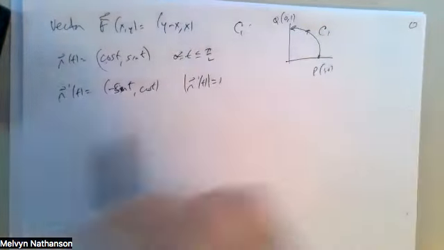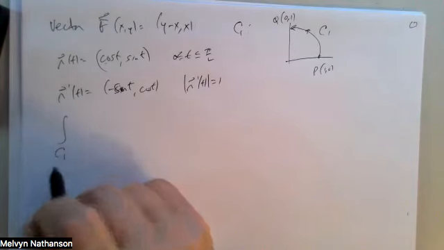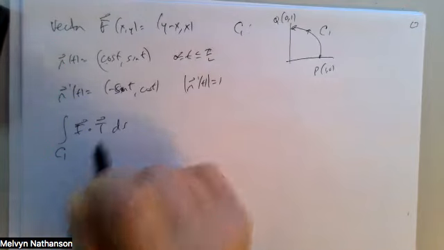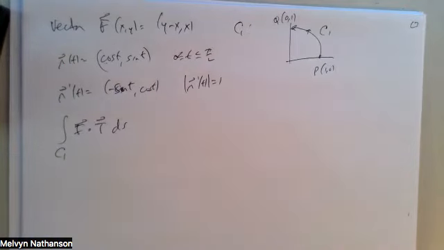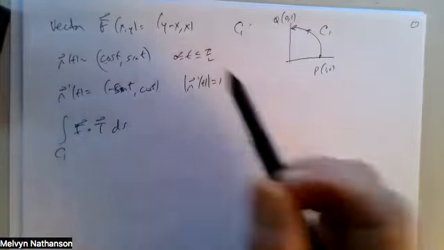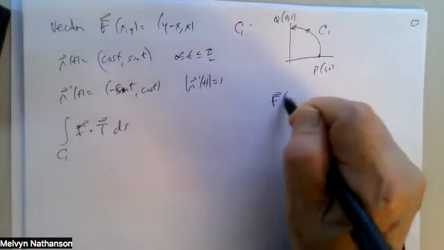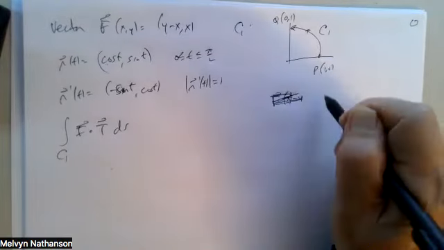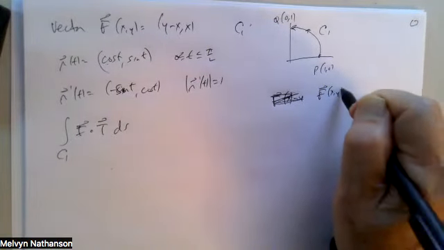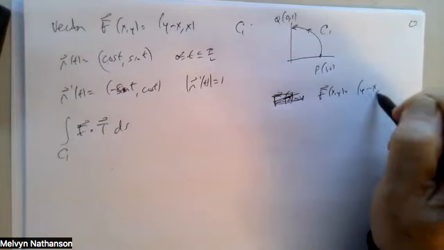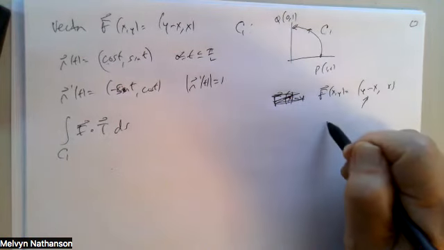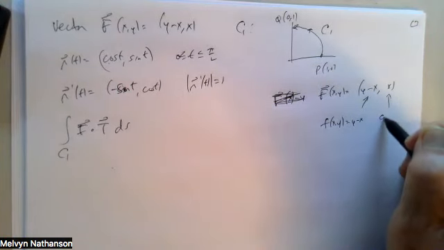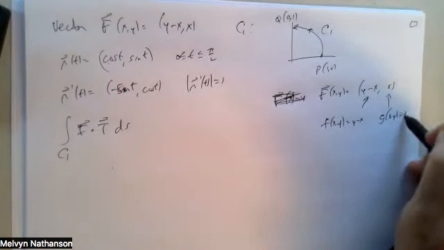So this is the curve C1. I want to compute the line integral along the curve of f dot t ds. So for the function f of x, y equal y minus x, x, the first coordinate f of x, y is y minus x. The second coordinate g of x, y is just x.